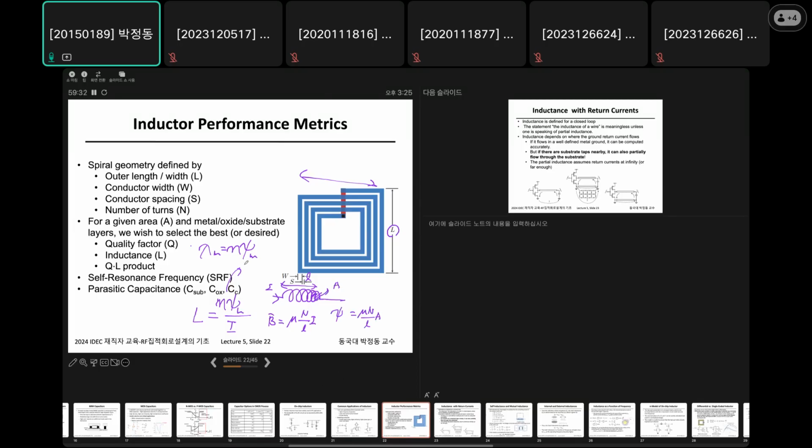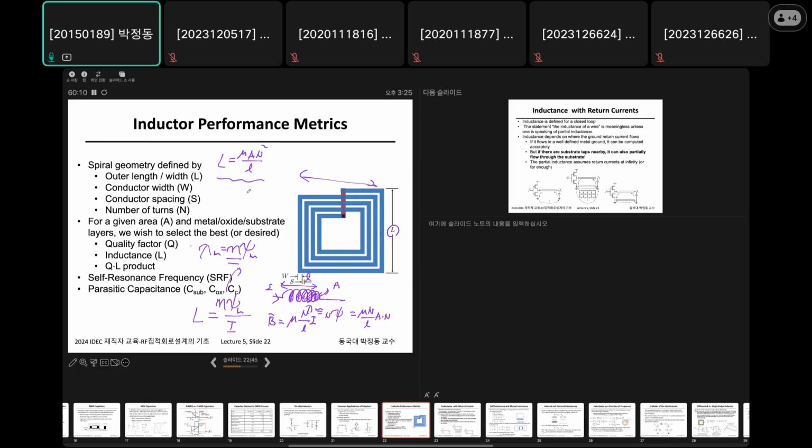Also, since there are n turns, we don't talk about just one A, we have N number of A's. Therefore, in terms of linkage, this is the number of A's. This is the linkage. Okay. Therefore, L is given by mu A n squared over l. Okay. This is a typical inductance relation.